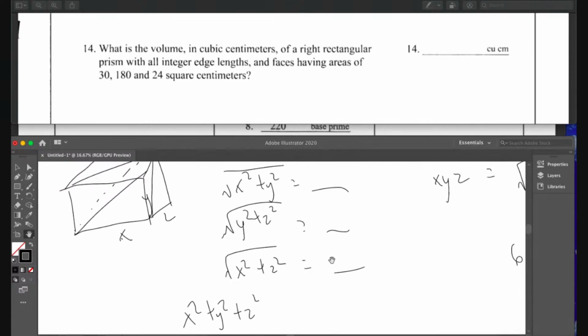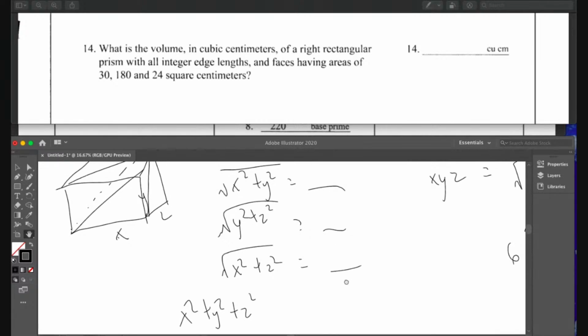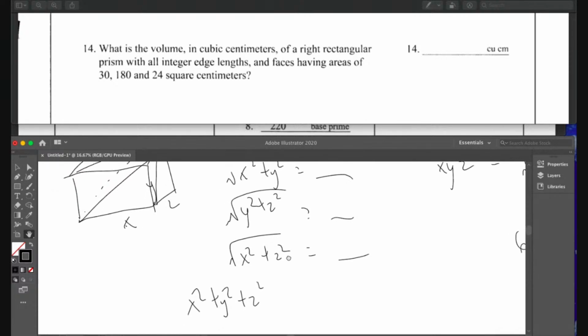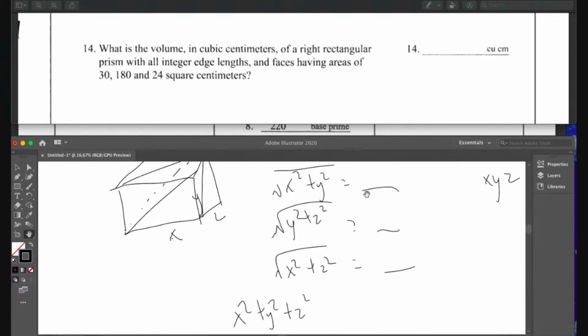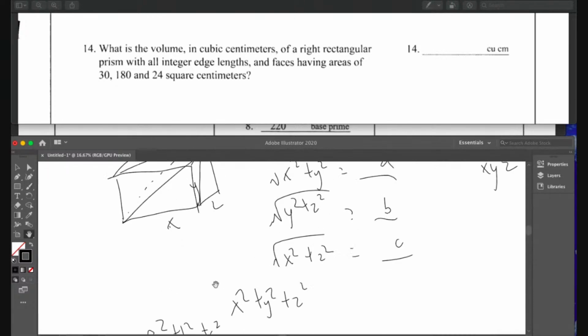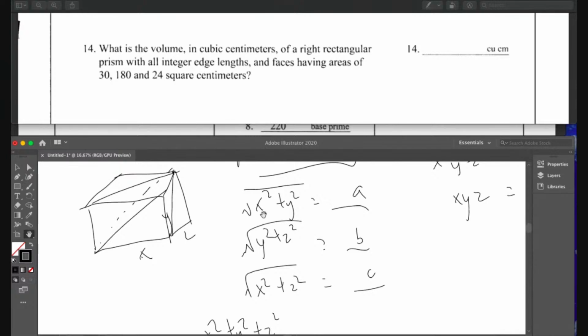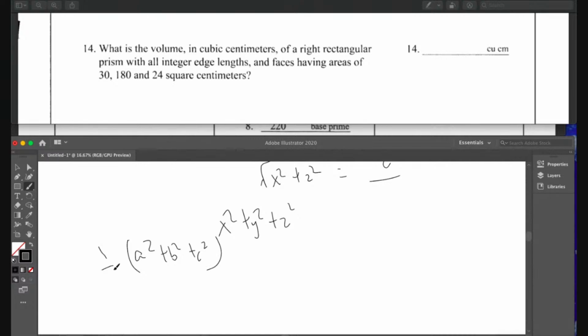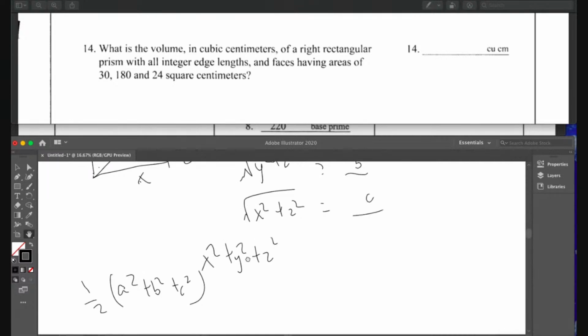So if you're given the three diagonal lengths, as a shortcut instead of finding all the x, y, and z, you can square each of the diagonals. I'll call the diagonal lengths a, b, and c. You square all the diagonal lengths and add them together, and you get x squared plus y squared plus y squared plus z squared plus x squared plus z squared.